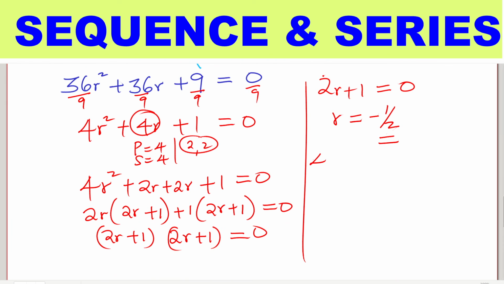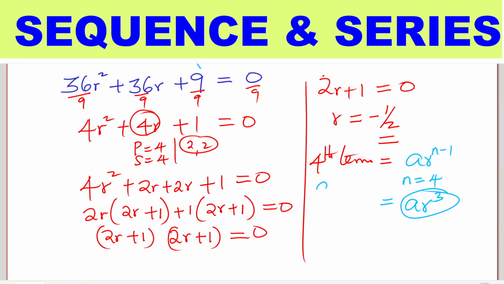So now writing the fourth term. Remember the nth term of a GP is given by a r raised to n minus 1. So for the fourth term, you simply substitute n with 4. When you do that, you'll get a r, this will be 4 minus 1, which is 3. So this is the fourth term. But we know that a is 36.